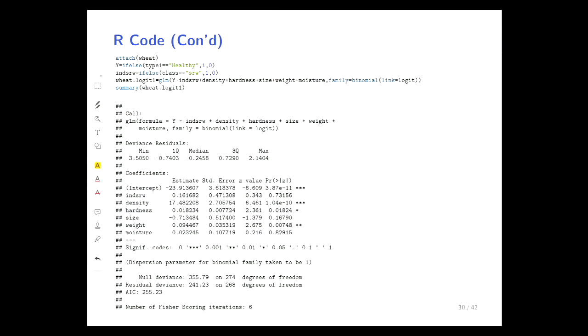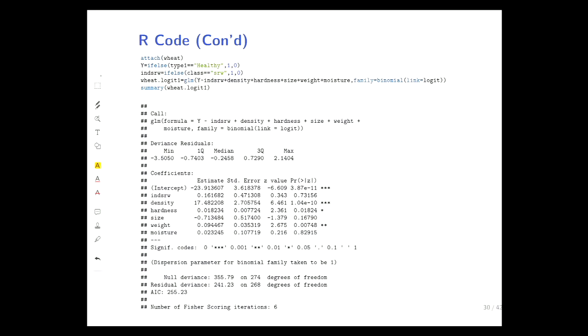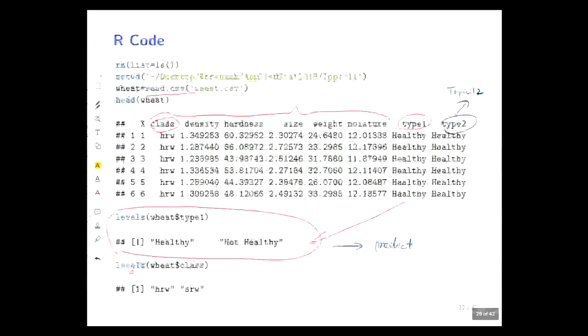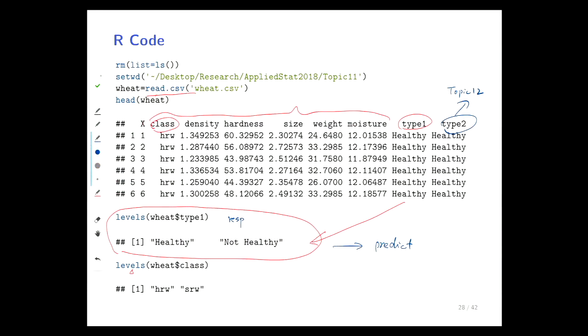Our response variable is a 2-category response variable. So usually the first step is to use 1 and 0 to represent this response variable. You can consider healthy to be 1 and not healthy to be 0.